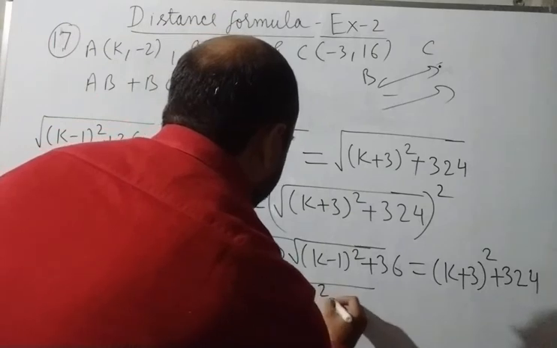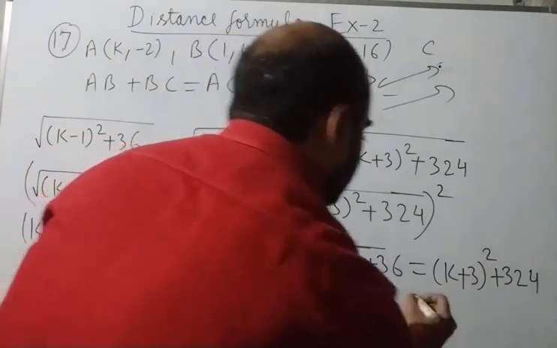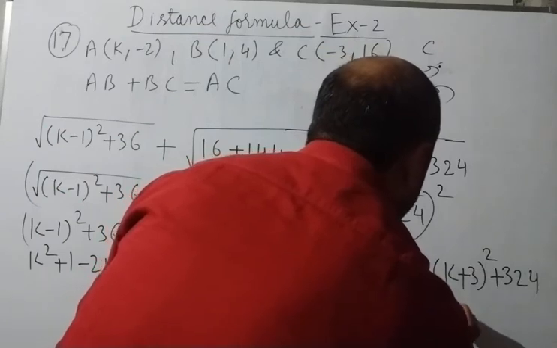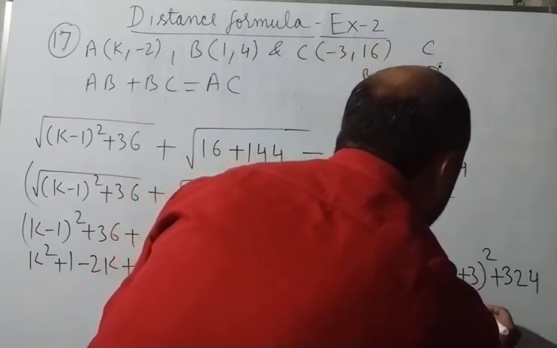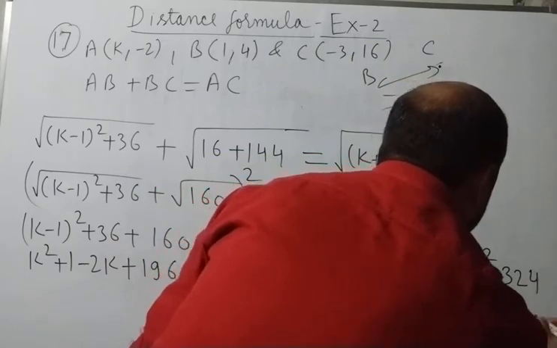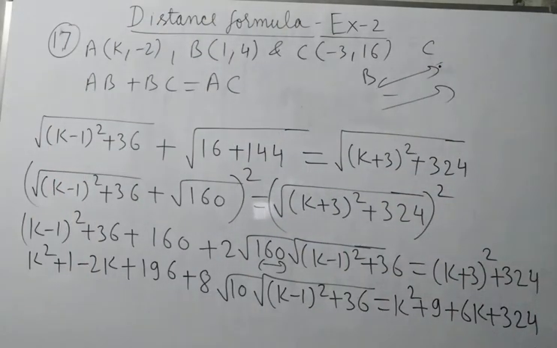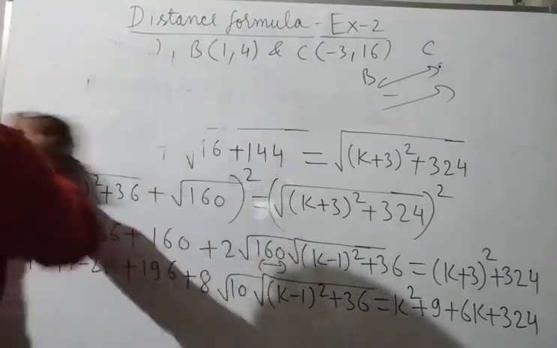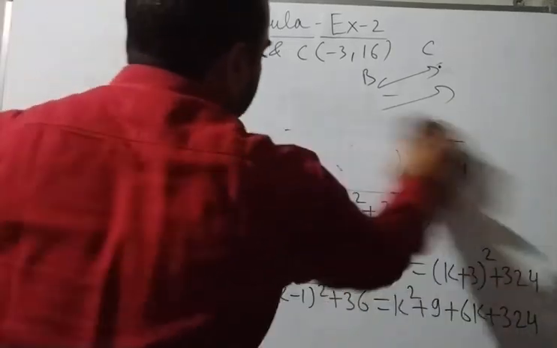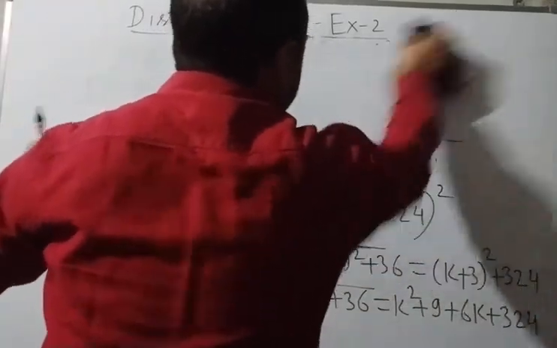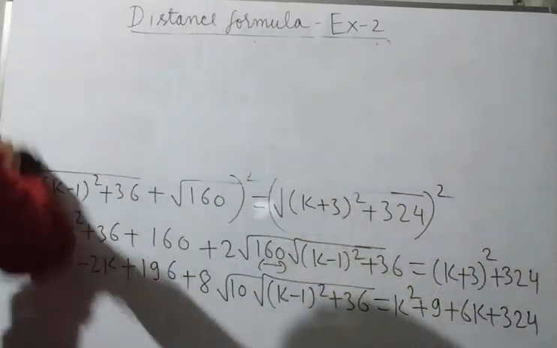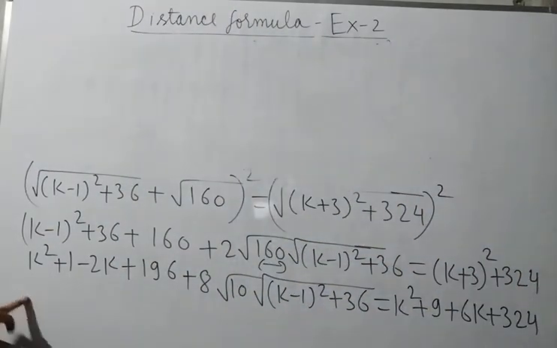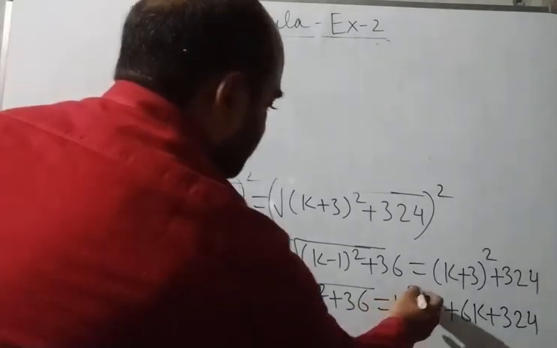Square root of (k minus 1) whole square plus 36 is equal to, this will become k square plus 9 plus 6k plus 324. Clear? k square plus 9 plus 6k plus 324. Then after this, k square from both sides is cancelled. Here what is left?